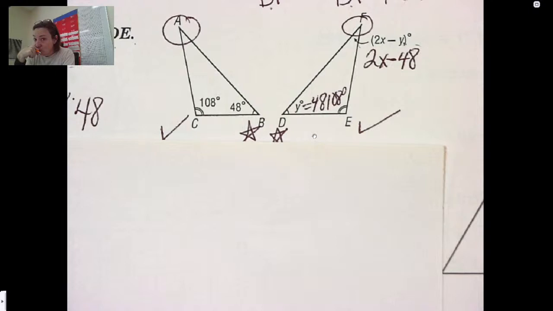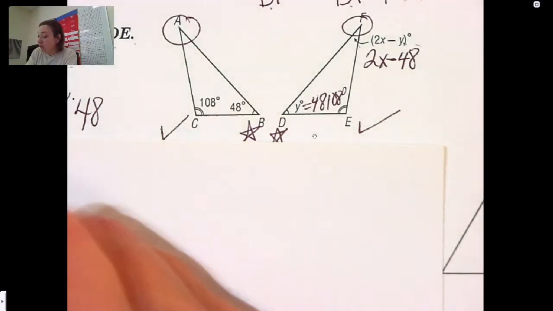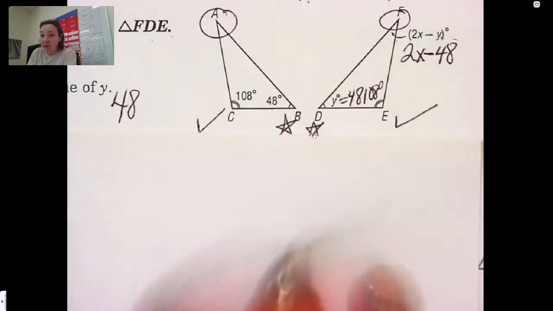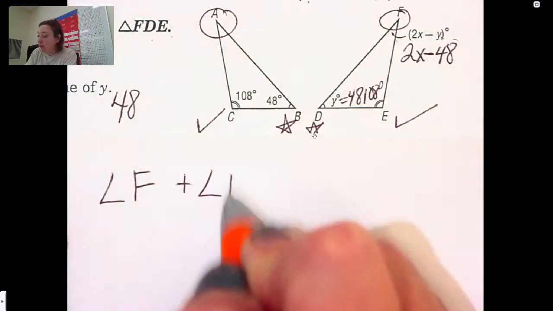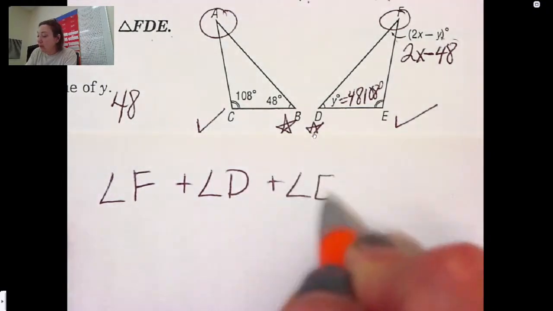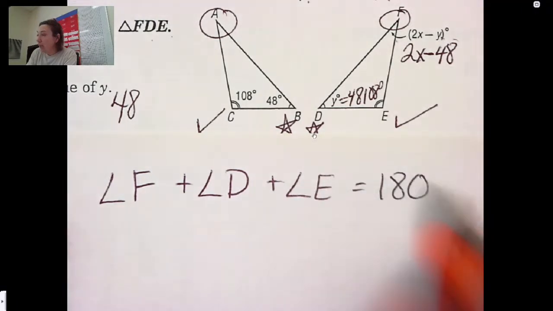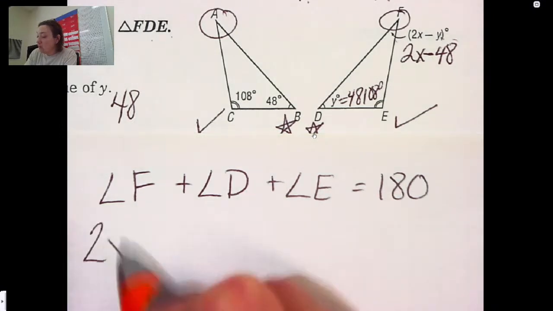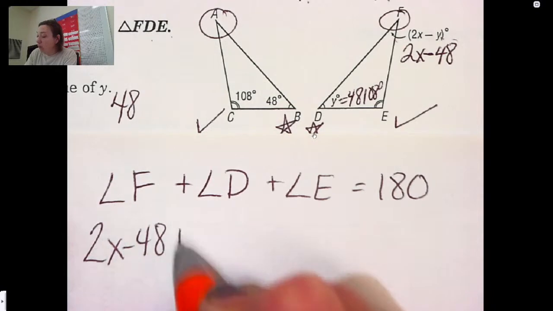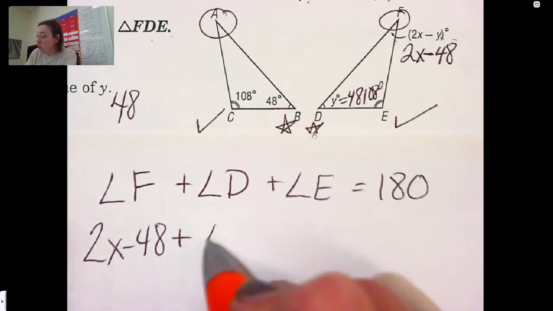We know that F, D, and E all have to add up to be 180. Angle F, angle D, and angle E all have to add up to 180, right? And we know that angle F is 2x minus 48. And we know that angle D is 48.